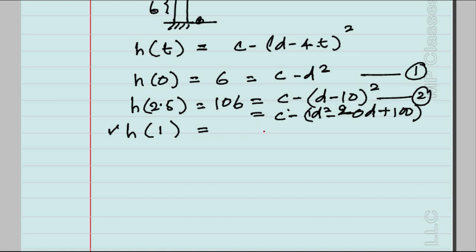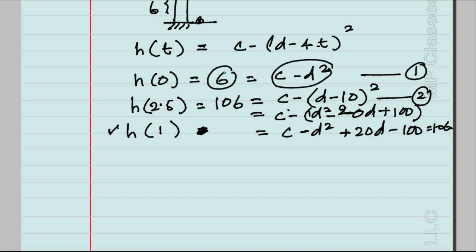And if I simplify this, I'm going to take this out because I don't want to equate it with this: c minus d square plus 20d minus 100, and this is what our equation is now, equal to 106. Now c minus d square is already known as 6, so can we substitute 6 here? And so what do we get? 6 plus 20d minus 100 is 106.